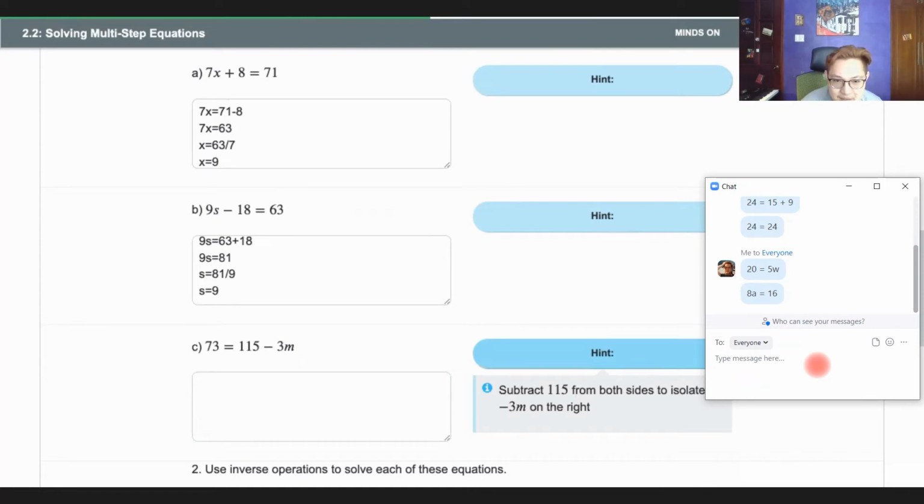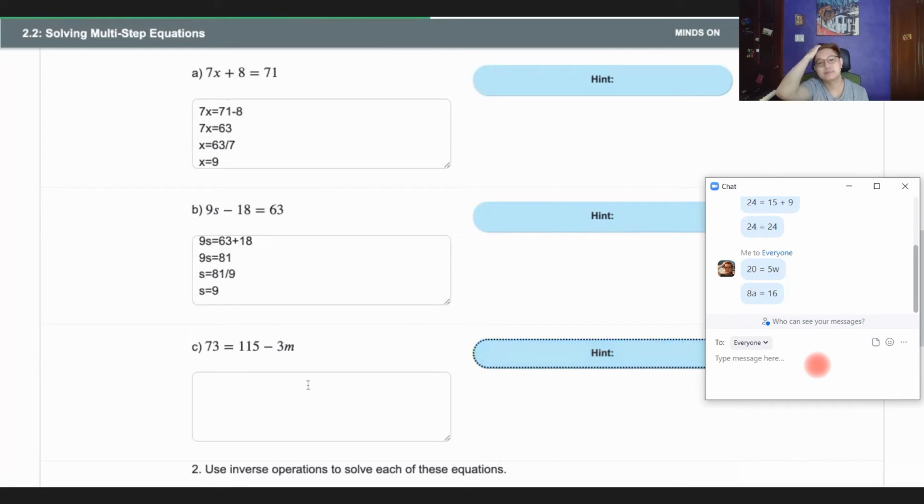They say subtract, not plus, because you plus 115 on the left side. You didn't subtract. Oh. There you go. That's where the problem lies.